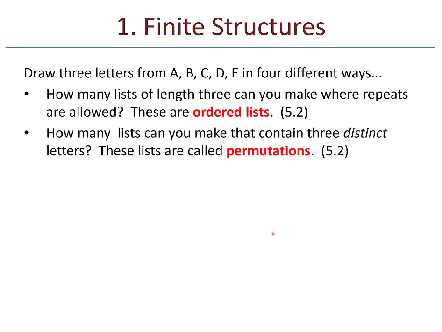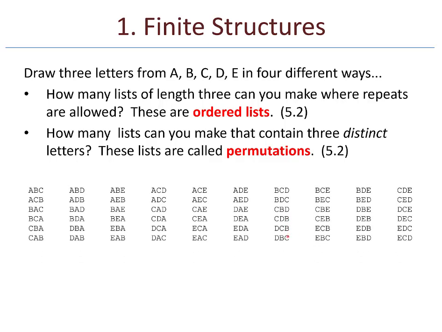Another question we might ask is, how many lists can you make that contain 3 distinct letters? Kind of like before, but now I don't allow repeats, distinct letters. And there are fewer of those. These are all of them. So again, I'm drawing from the letters A, B, C, D, E, and this is the number of ways I can draw 3 of those letters and put them into some kind of an order where I don't allow repeats.